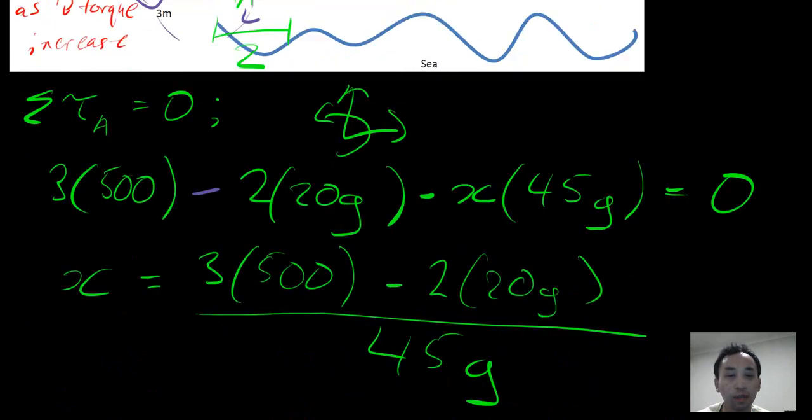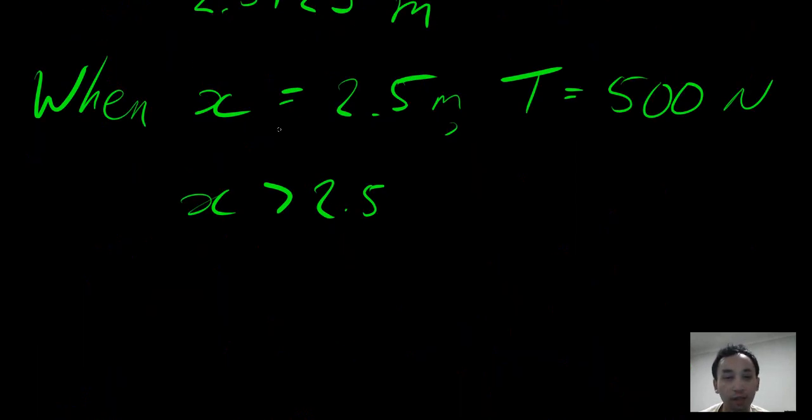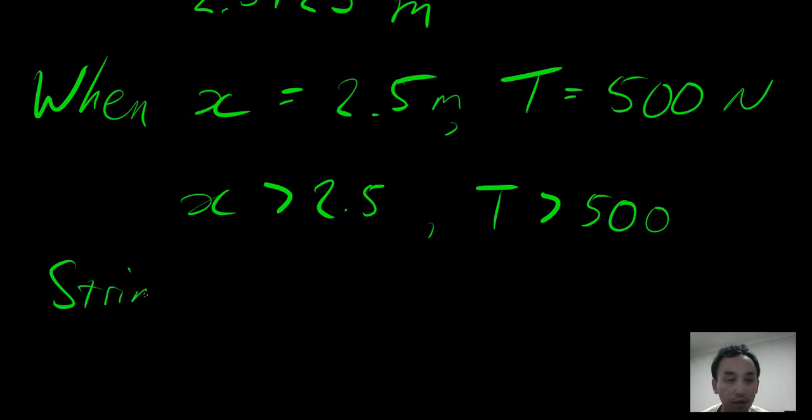So when x is above 2.5, the tensile force will be above 500 newtons. And so to answer the question, the string snaps.